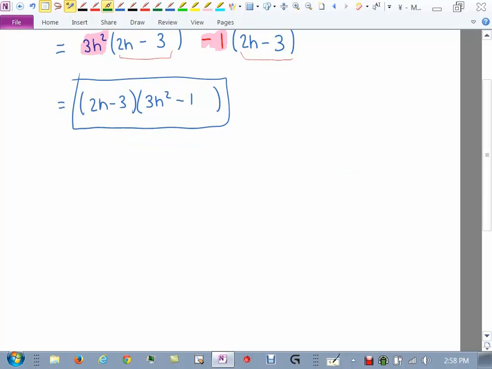All right. New example. How about this one? Negative m squared plus 13m minus 42.